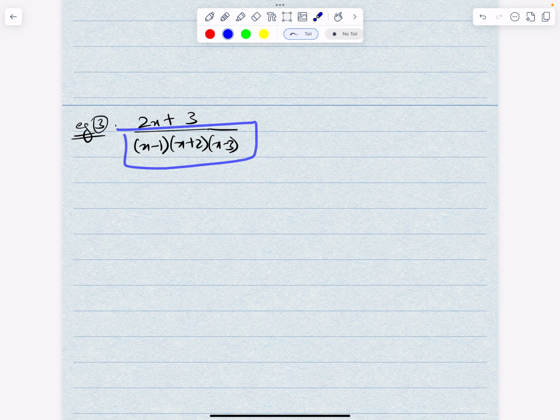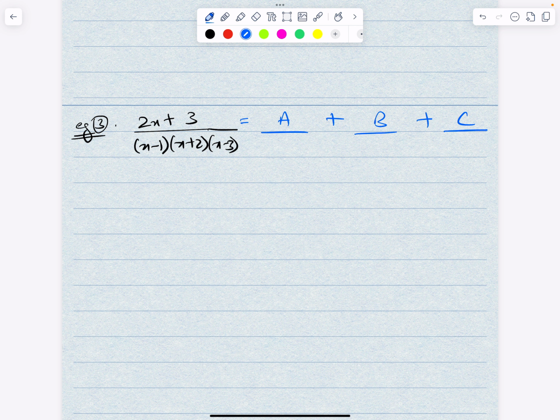It's a cubic equation in the denominator. The sequence of steps will remain the same nevertheless. But I'll have 3 fractions here, A, B, and C, over (x - 1), (x + 2), and (x - 3) respectively.